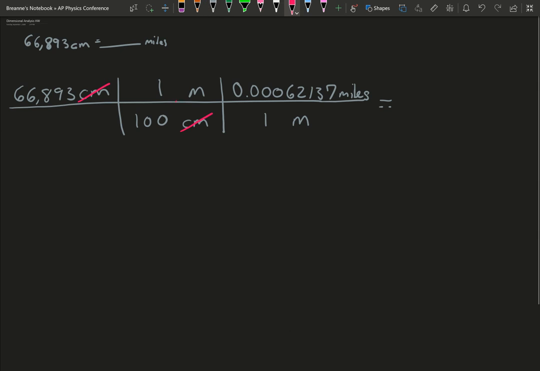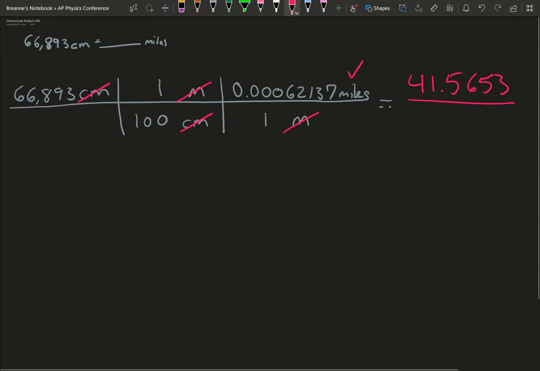Now, meter on top, meter on bottom, we want miles. So now we just multiply across the top. We take that 66,893, multiply that by 0.00062137, and we get 41.5653, and there's more numbers, but that's as far as I'm going to go.